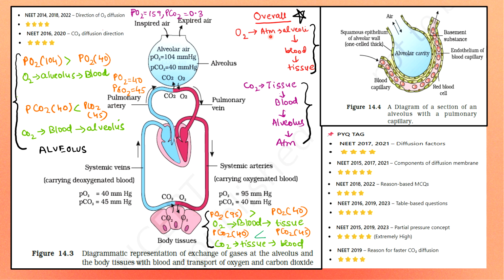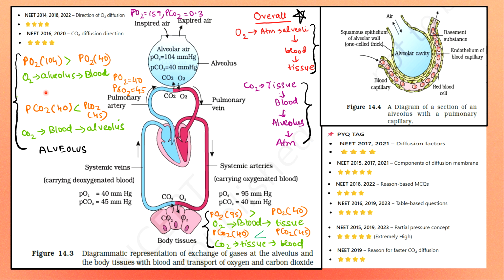Overall, if you see, oxygen from the atmosphere diffuses to the alveoli, from the alveoli it diffuses to the blood, and from the blood it diffuses to the tissue. If you see carbon dioxide, diffusion of carbon dioxide takes place from the tissue to the blood, and from the blood it is transported to the alveolus, and from the alveolus it diffuses to the atmosphere.